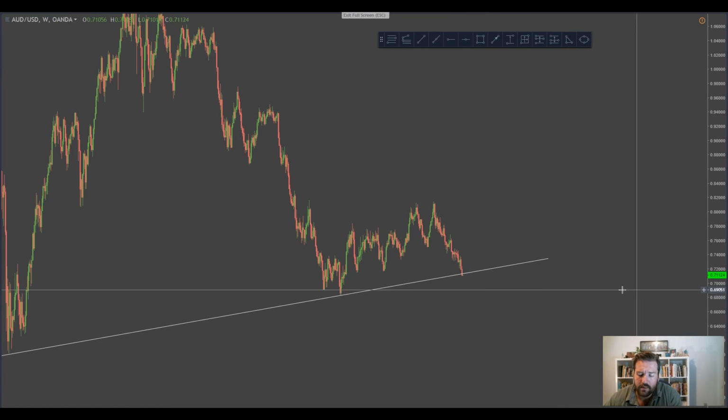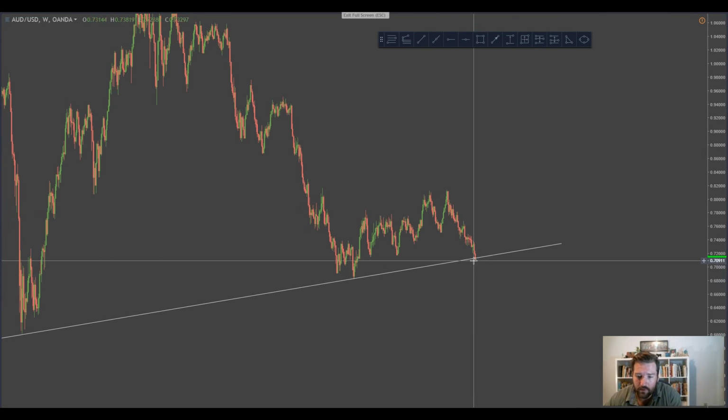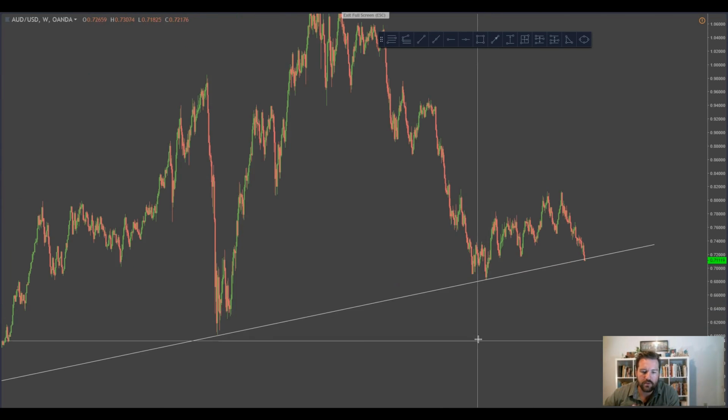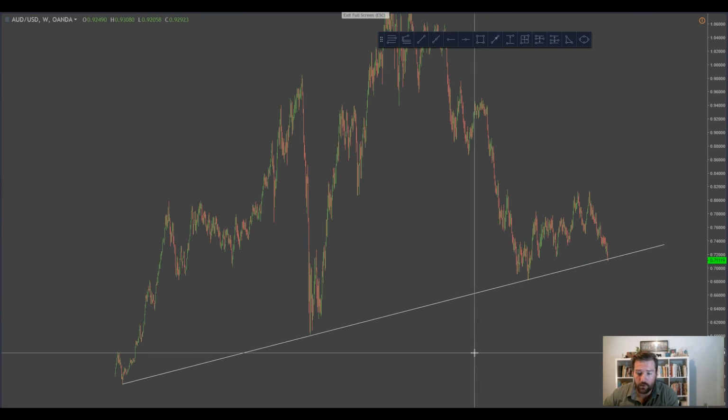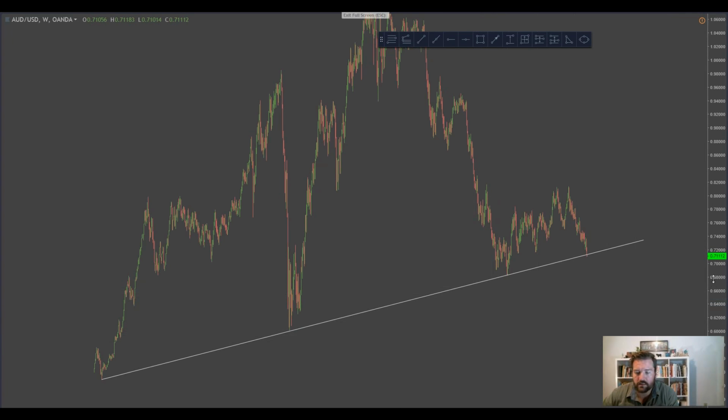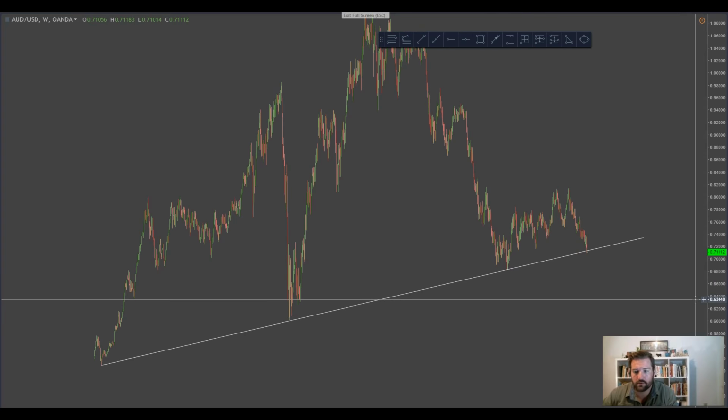Now it looks like it's broken and closed below, but you have to remember that any type of support and resistance very rarely is going to be an exact price point, an exact horizontal line or exact linear line. Very rarely will you get that exact precise test.